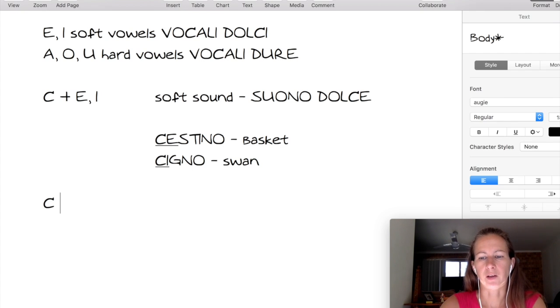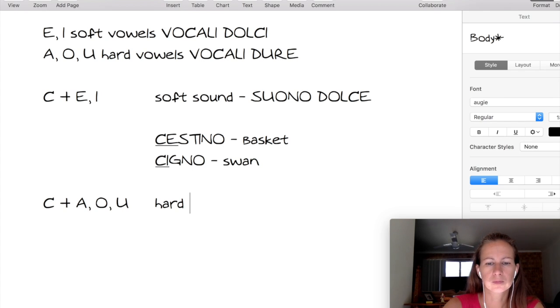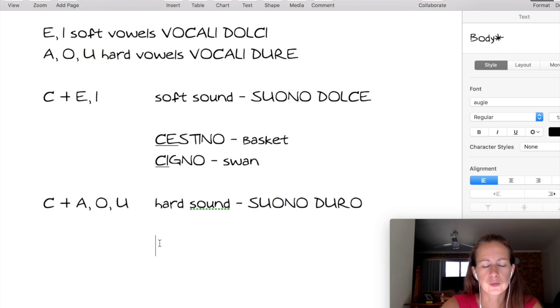If C is instead followed by A, O, U, the sound that comes out is a hard sound. Examples for this would be, if it's C and A, the sound would be Ca, and for example we can say casa, which is house.